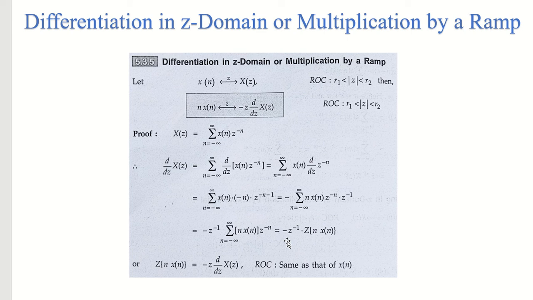So we will be left with this term, which is basically nothing but the formula of minus z d by dz x of z, right? So hence we have proved that the z transform of n into x of n will be minus z d by dz x of z, and ROC is not changing whatsoever.